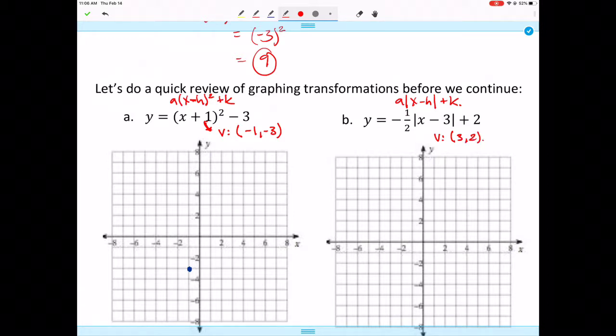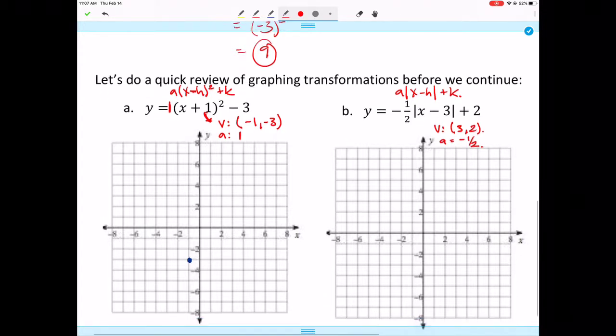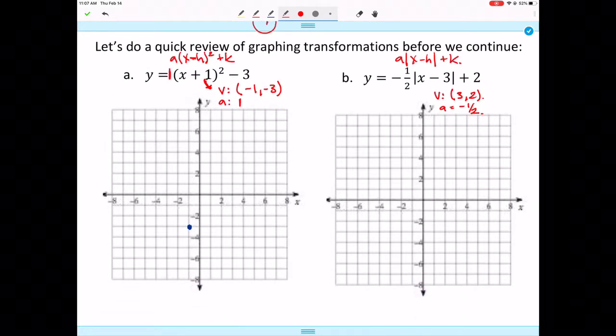All right, and then we'd also want to write down what a is. And pay attention to this because you're going to need to be able to do this on our next page. So a here would be 1. It'd be right here in front. If you didn't have it, it would just be 1. And for b, a is -1/2.